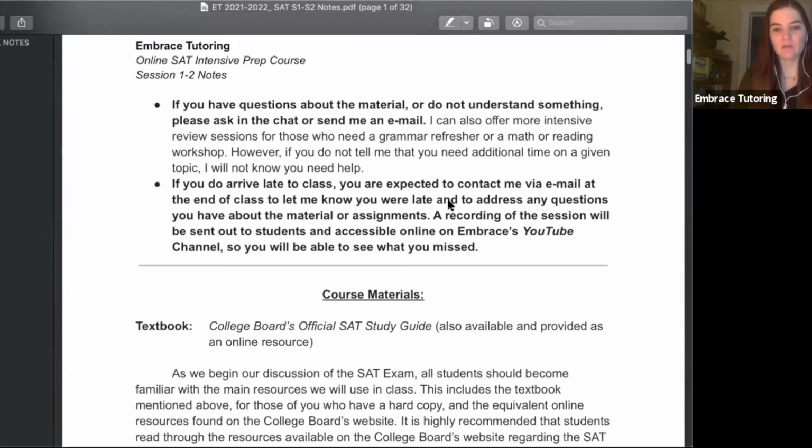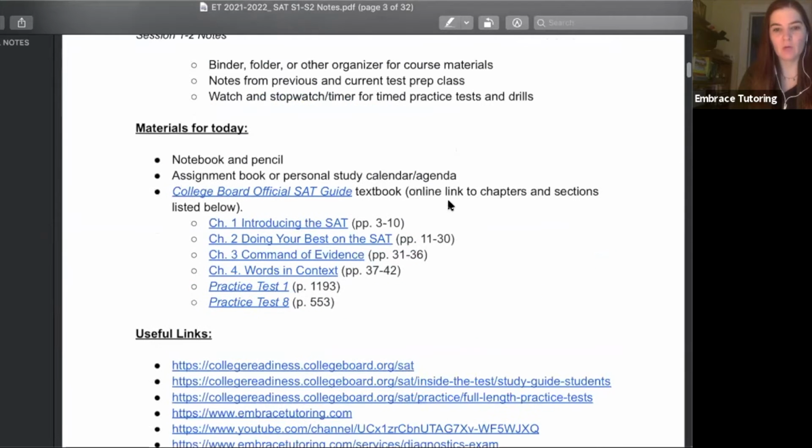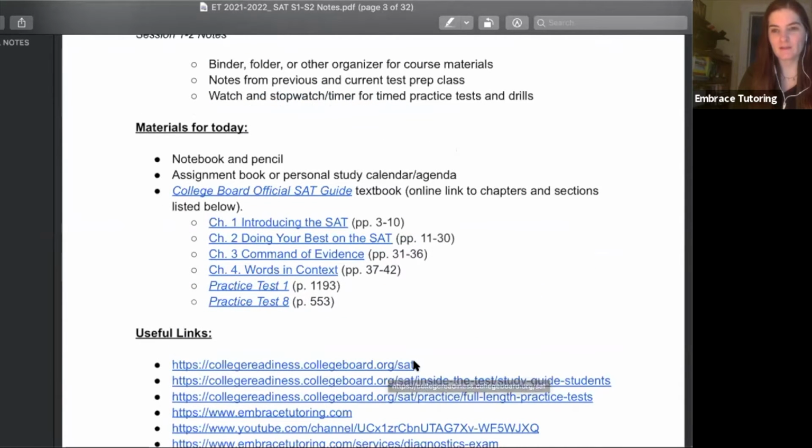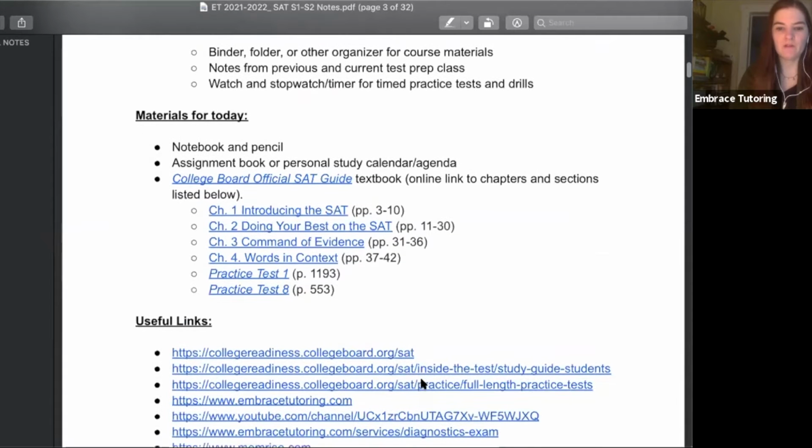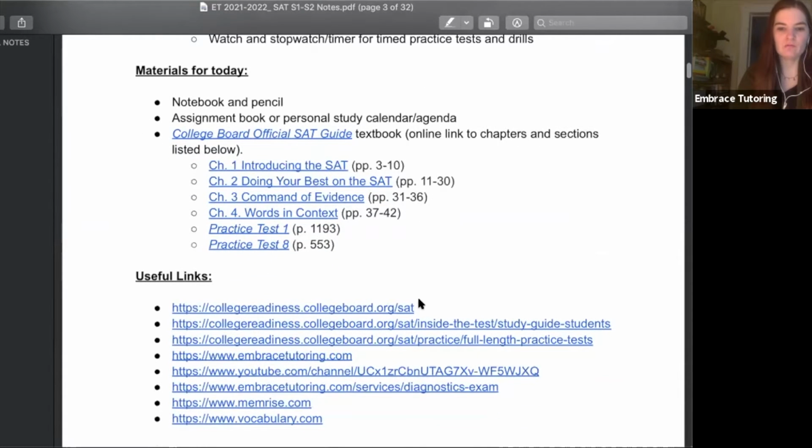You can go to the College Board website, the SAT, and you can explore their resources, look at upcoming testing dates. They have practice tests, and they have the Kaplan resources that are there that are free for students taking the test.